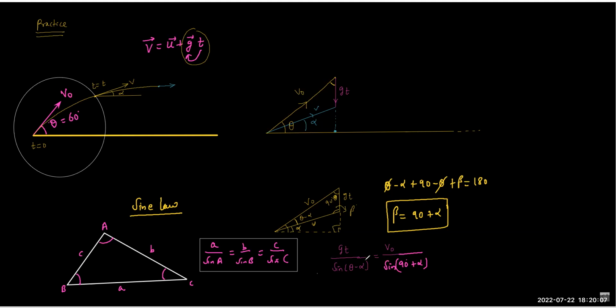And here, why did I choose these two? I could have written V also. What is V upon? What is the angle in front of the V side? 90 minus theta. So sine 90 minus theta. You can call these equations 1, 2, and 3.